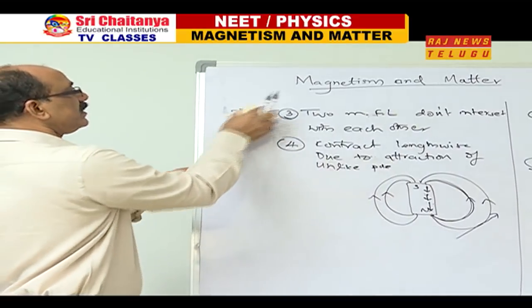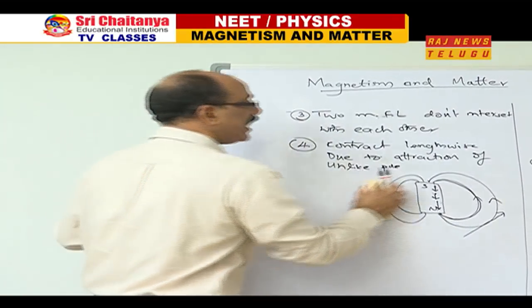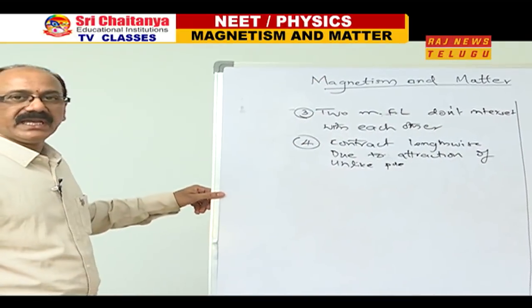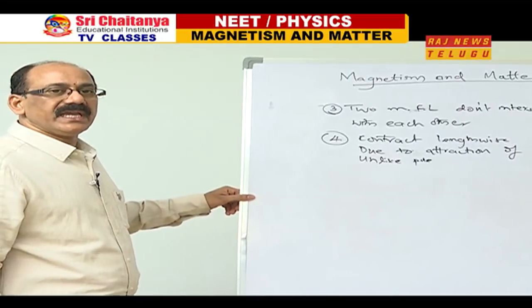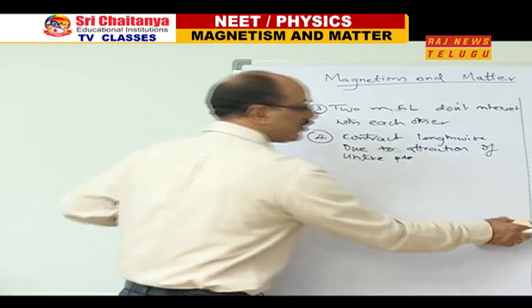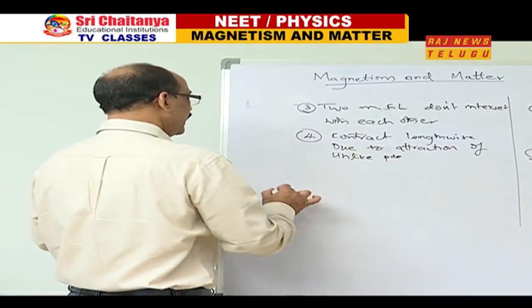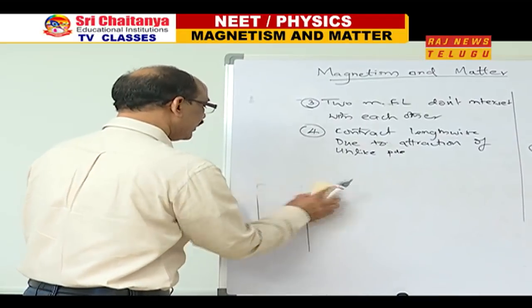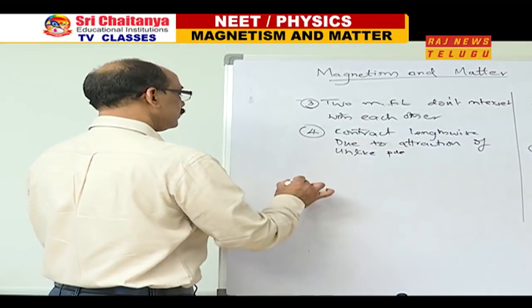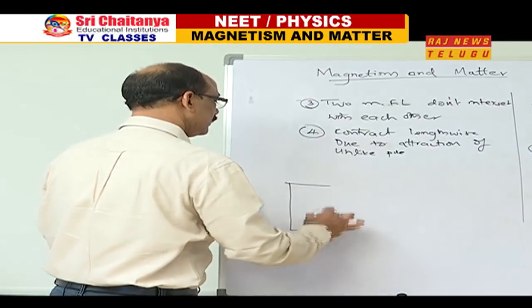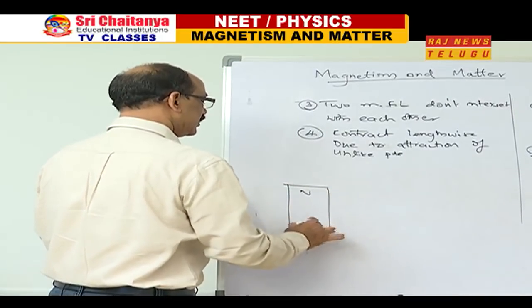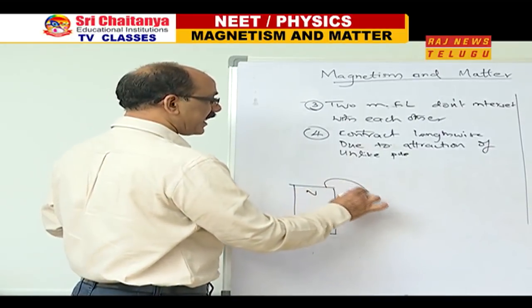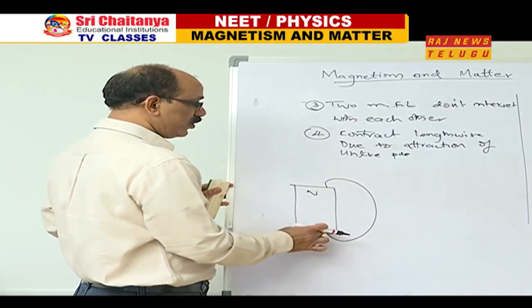Now, we shall see the magnetic field lines due to a bar magnet, due to a solenoid, and due to an electric dipole, so that we can talk about one important comparison. For example, if this is a bar magnet, as we have been talking about, this is the north pole, this is the south pole. As we discussed, the magnetic field lines outside the magnet are from north pole to south pole.